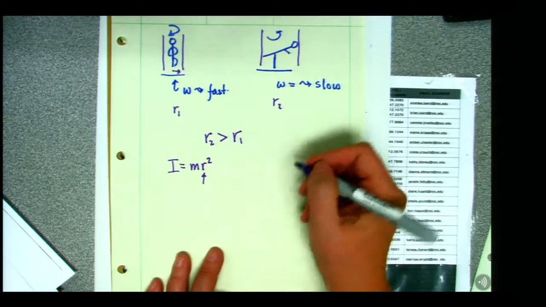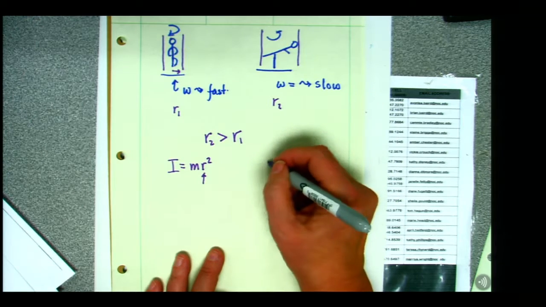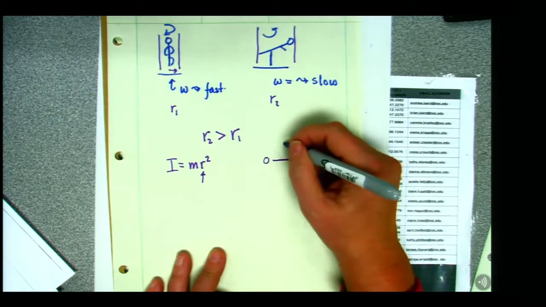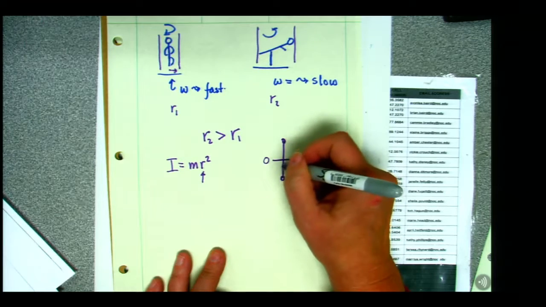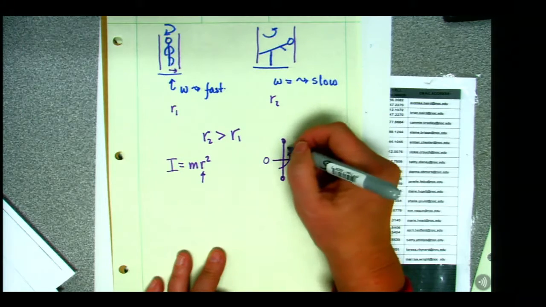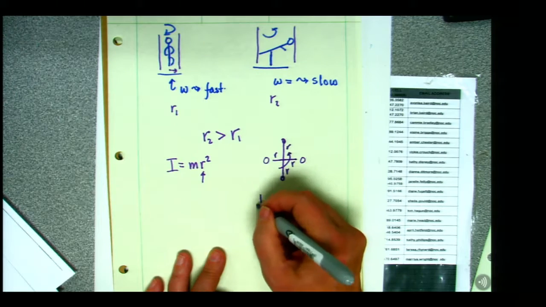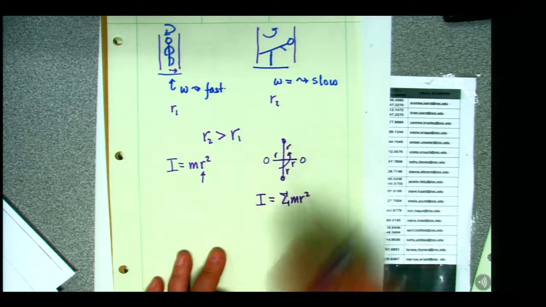And it's going to be highly dependent, because if I'm spinning something, let's look at a baton like this. If I'm spinning this baton, and each one of these is an R, the moment of inertia for that baton is going to be the sum of those individual masses.